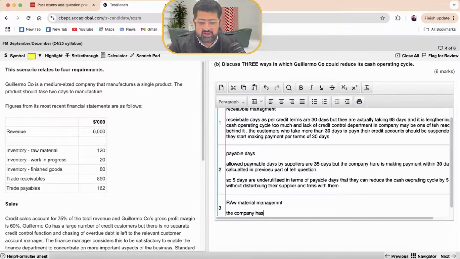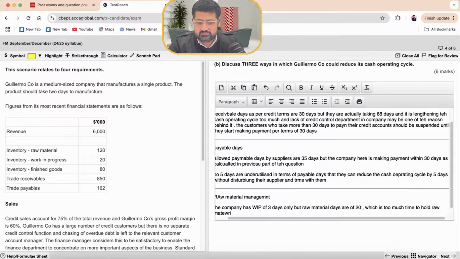The company has work in progress of 3 days only, but raw material days are 20, which is too much time to hold raw material without the need of the company and its production.